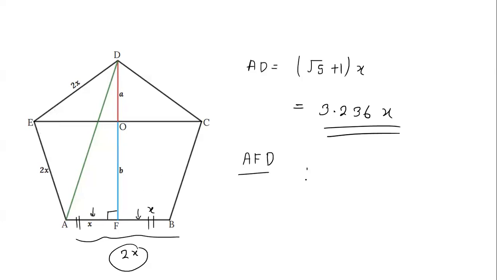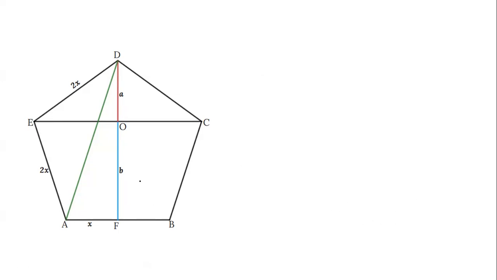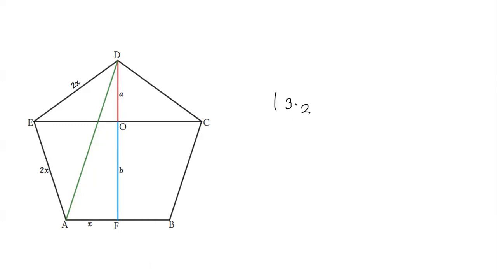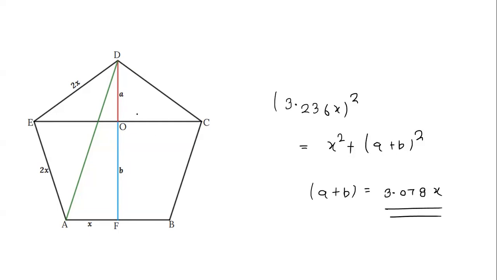We can apply the Pythagoras theorem in this triangle AFD, and we can write AD square is equal to AF square plus FD square, and AD we know is 3.236 times x, so whole square is equal to x square plus a plus b whole square. So from here you can find the value of a plus b and it will come as 3.078 times x. You can easily calculate this.